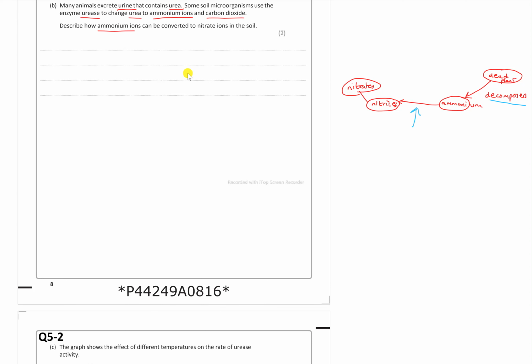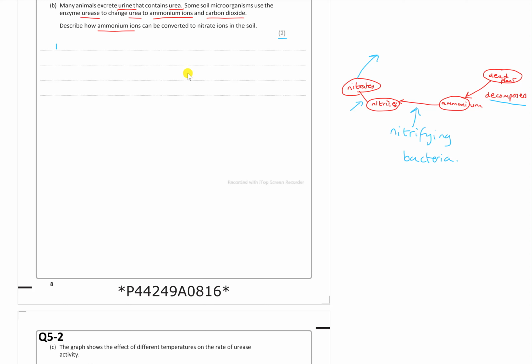Here and here you've got nitrifying bacteria. So you've got nitrifying bacteria in these 2 points. They'll turn ammonium into nitrites and then into nitrates, and then the plants can absorb that. So we've got to write that for 2 marks.